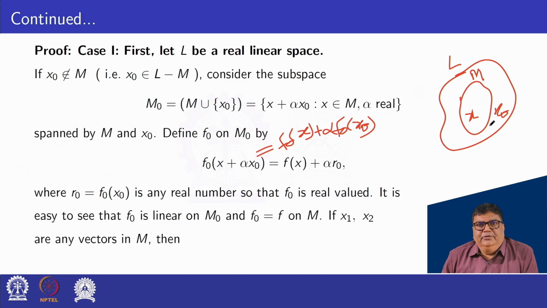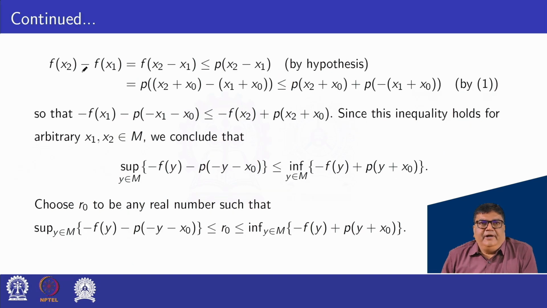Okay, so f0 on M is f. If x1, x2 are any vectors in M, then f of x2 minus f of x1 is equal to f of x2 minus x1.